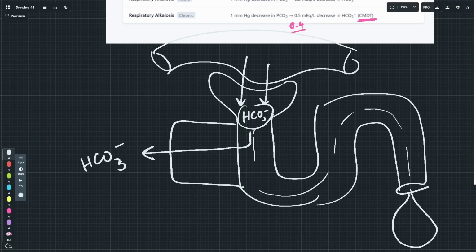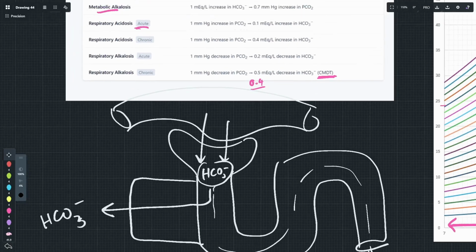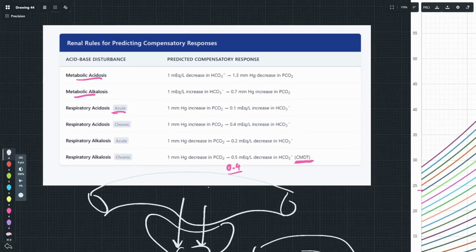So do you think it is easier to get rid of bicarbonate and decrease it, or is it easier to increase bicarbonate in blood? Decrease or increase? Think about it. Of course you would say it is relatively easier for the kidney to get rid of bicarbonate and hence decrease the bicarbonate level in blood, and here it is being reflected.